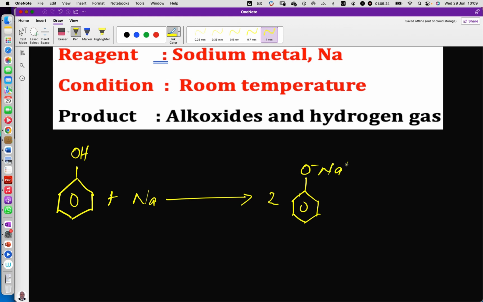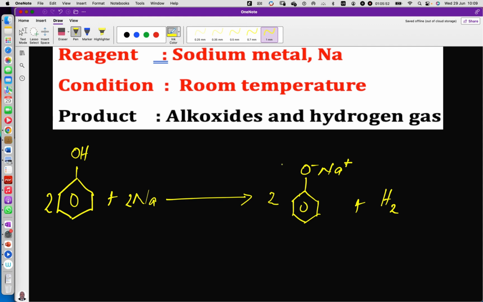An acosite is being formed, and hydrogen is also released in this case.